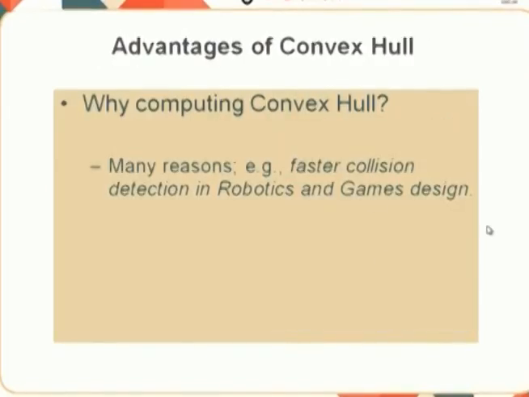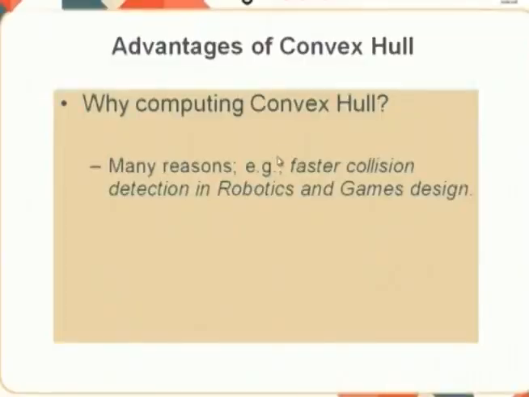So, that is the reason why we intend to find a convex hull for the set of points. Why should we do that? For us the importance is not very high, but for the robotics field this is very important. In robotics the intention is to find the convex hull, in short to find the shortest distance between the objects such that collisions can be avoided.